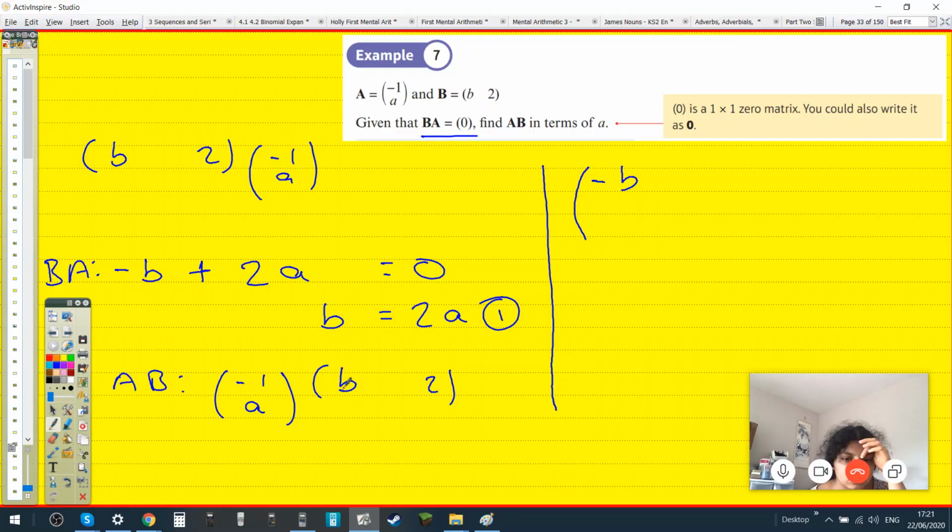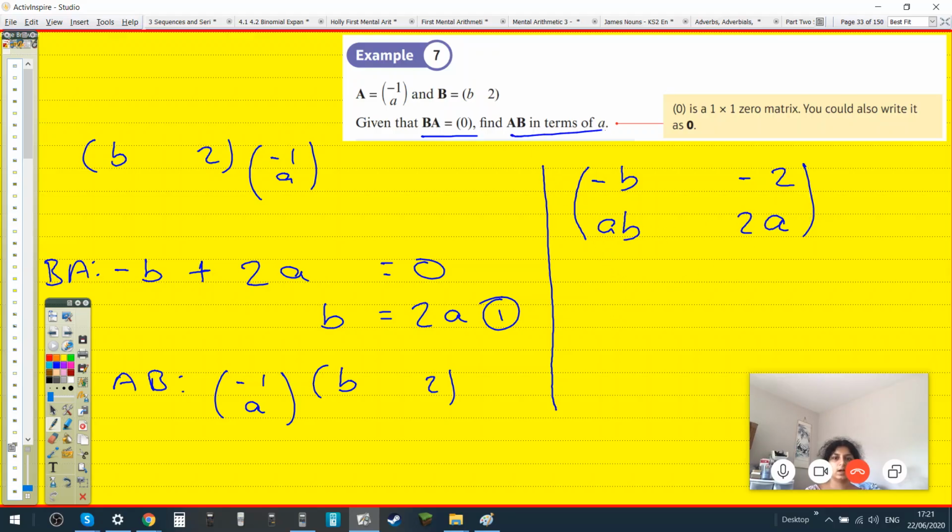So it's the same as minus B and 2A. So it's minus 1 times B, then minus 1 times 2. Oh, so that's minus 2. Mm-hmm. And then AB and then 2A. That is it.